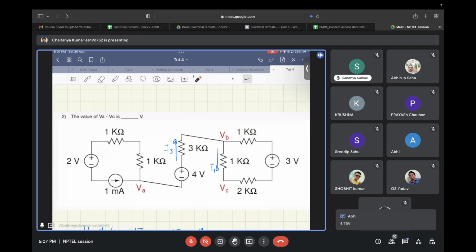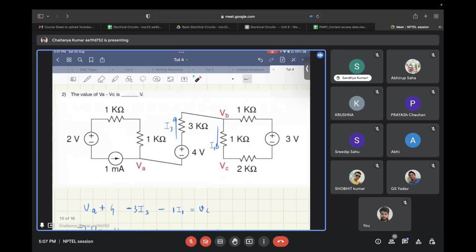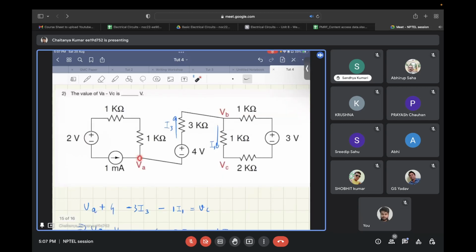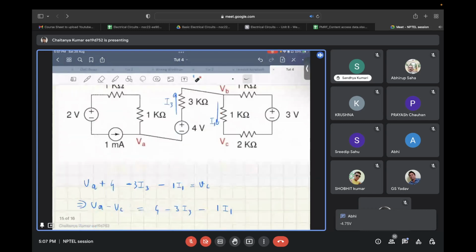Okay, so let's see how to solve this. You need to find the voltage difference across this path. What you need to do over here is keep calculating the voltage from node VA to VC.